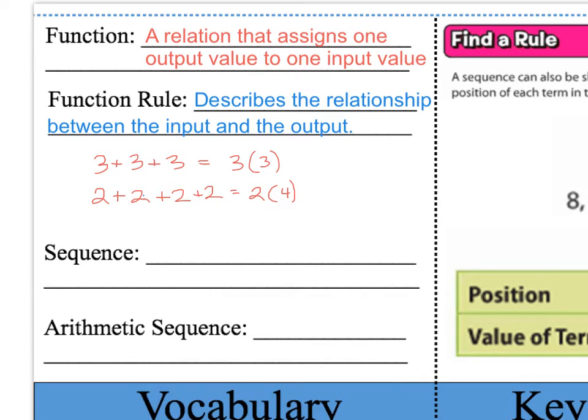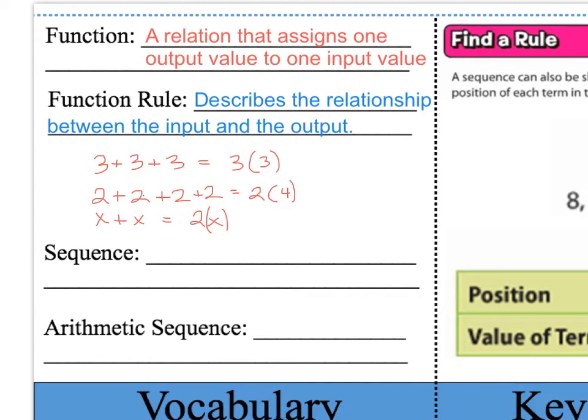So we can use this concept to describe a relationship between our output values. Another example would be x plus x, which would be the same thing as 2x, or 2 times x.